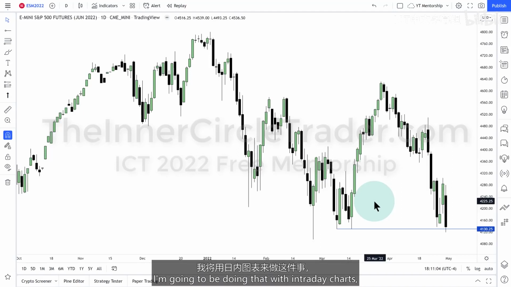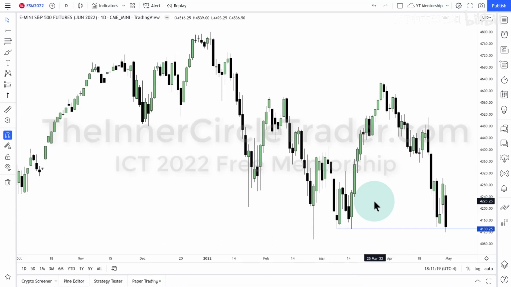I'm going to be doing that with intraday charts. And I'm going to point out certain areas to study, watch how price reacts right here, and look for this type of thing to occur here, because I want you to understand what it's doing. Why is it likely to do what I'm going to outline? The best thing that can happen is for me to get it wrong sometimes. That way it'll disarm you.